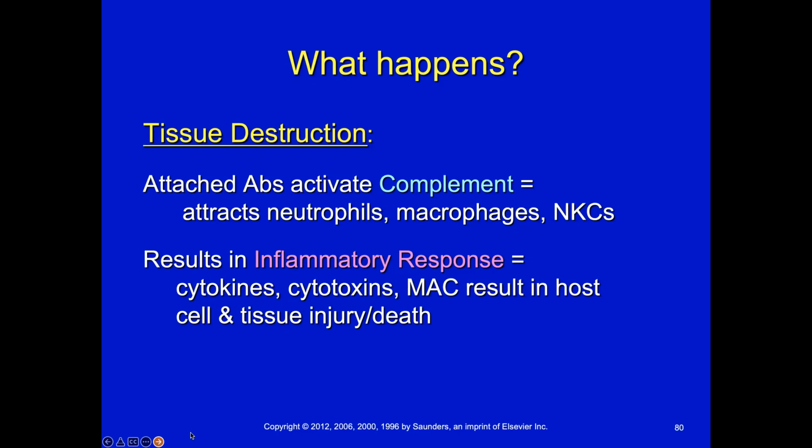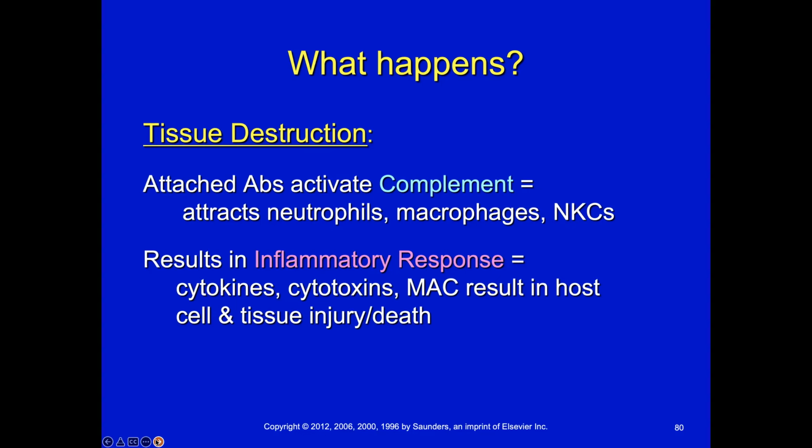And what happens in all of these situations? Well, you have one possibility where you have extensive tissue destruction, because the attached antibodies may be able to activate complement, which will get the immune response going.